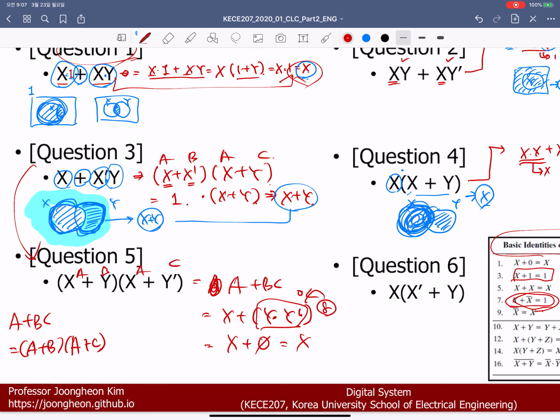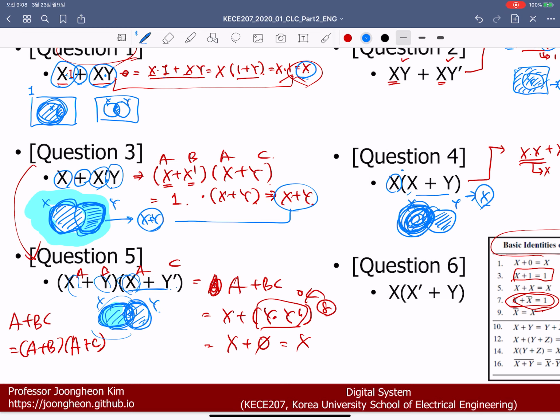So you can use set theory here as well. So here you are doing the union of x and y. And you are doing the union of x plus y complement. That's why it becomes this one, okay? And then you want to find the intersection. So this is x plus y. This is x plus y complement.